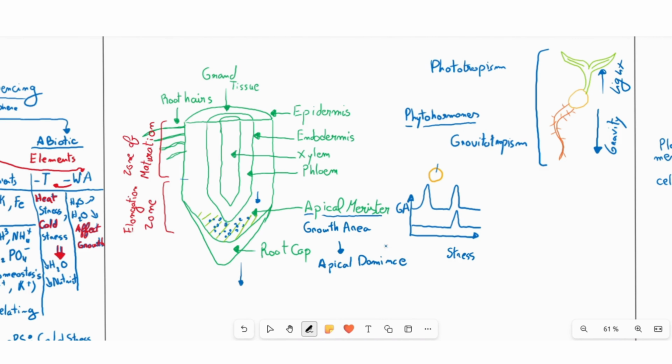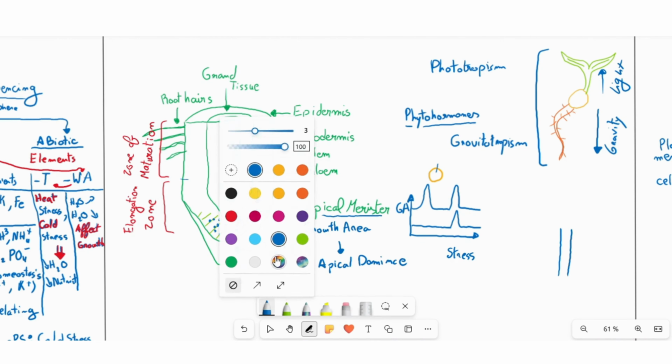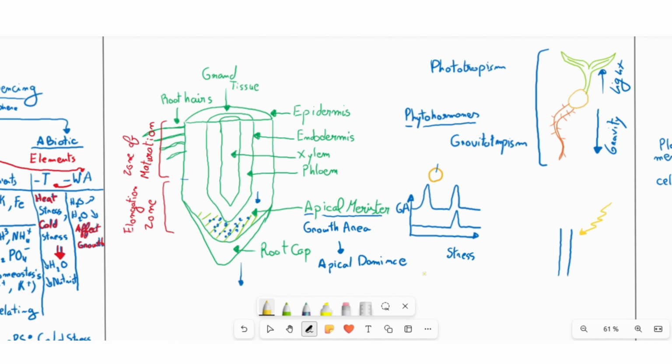This means that as the plant grows, it will mostly center its growth around the stem. But not only that, as the stem follows the light, now we have photons in here. So the plant has to follow these photons. So indole acetic acid will pile up in the opposite direction.